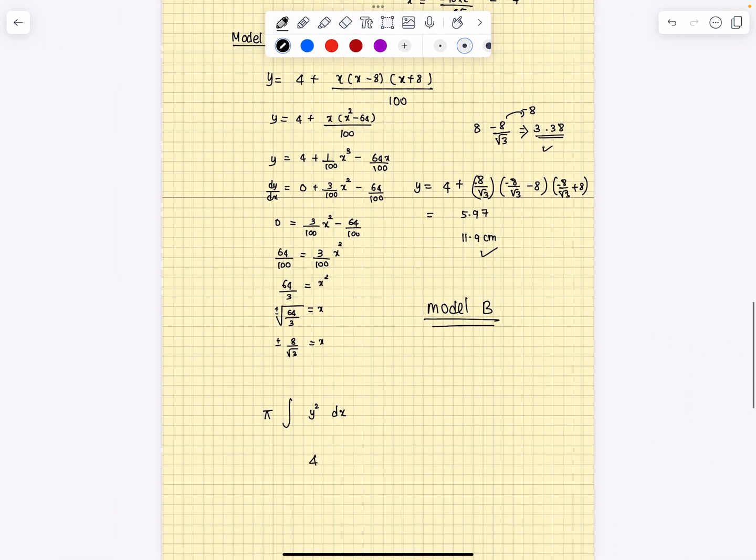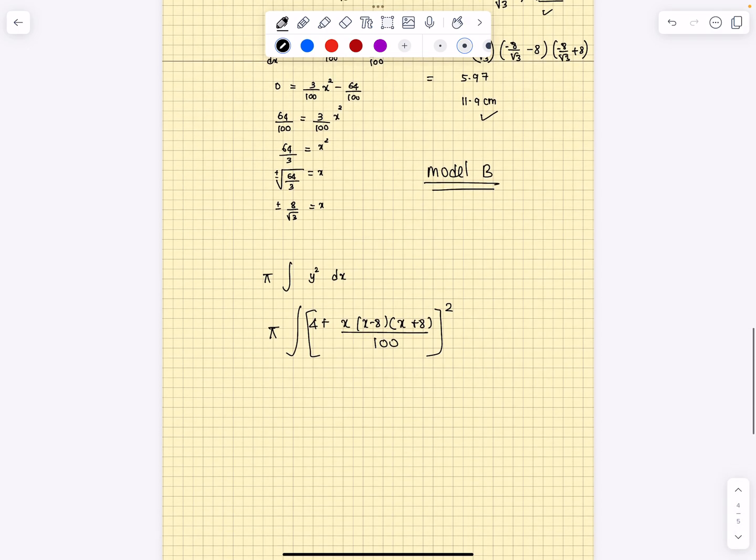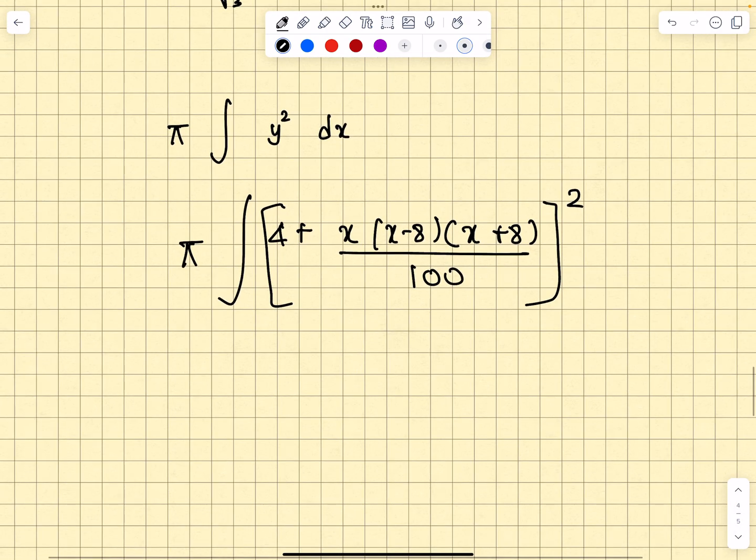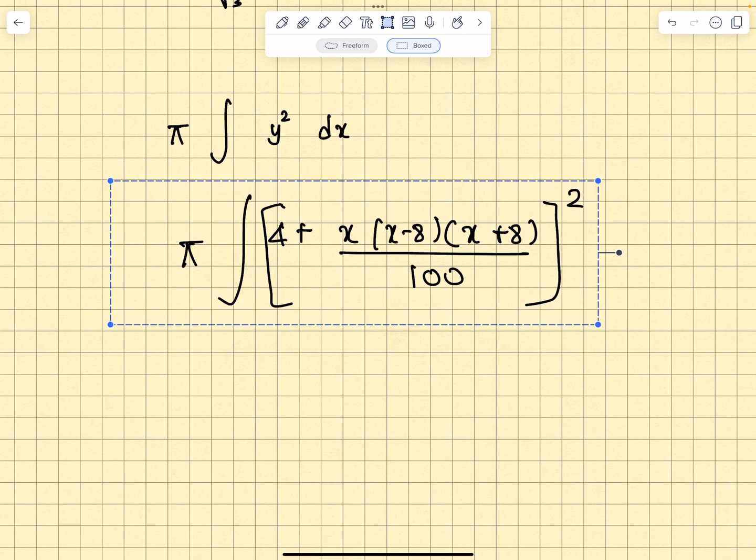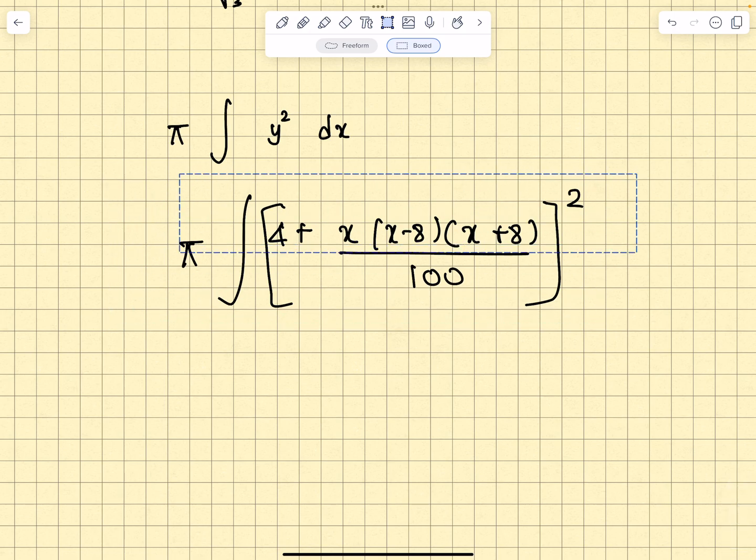So 4 plus x times x minus 8, x plus 8 over 100. I should square this, times it by pi. I will talk about the limits at the end. First, let's just make this model a feasible model.